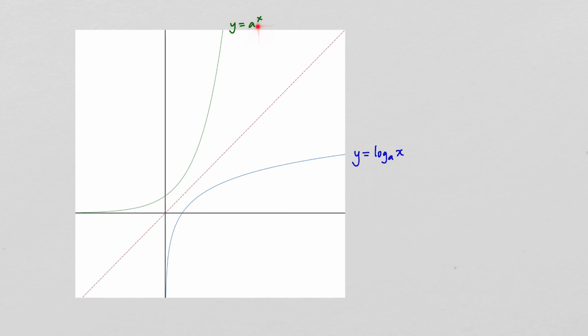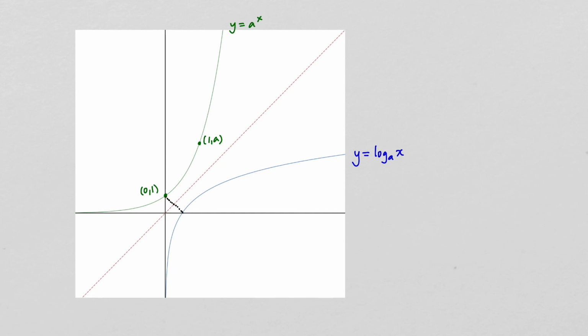So for y equals a to the power x, we know that that function passes through the point 0, 1, and we know that it also passes through the point 1, a, right? And this is because a to the first power is equal to a. Now, the inverse function is the logarithm, and we know that there is symmetry across the line y equals x.